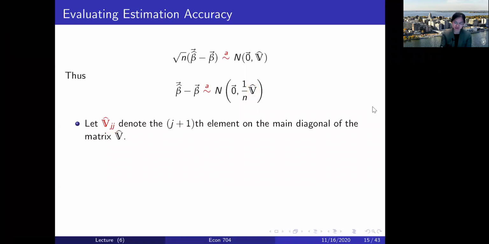So remember this beta hat minus beta is the vector composed of the intercept, beta 0 hat minus beta 0, beta 1 hat minus beta 1, to beta k hat minus beta k.